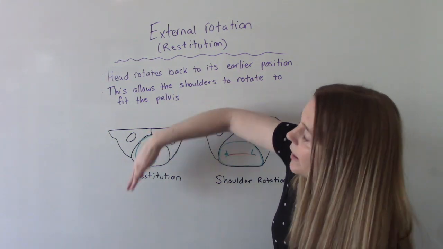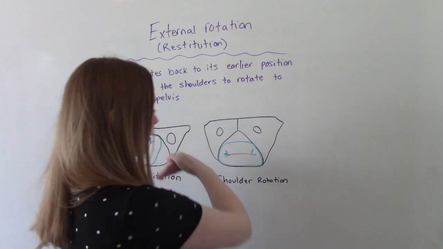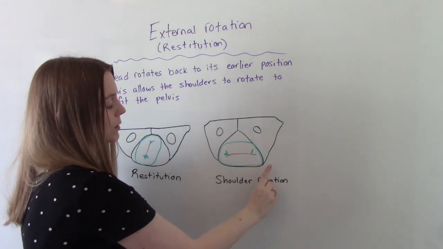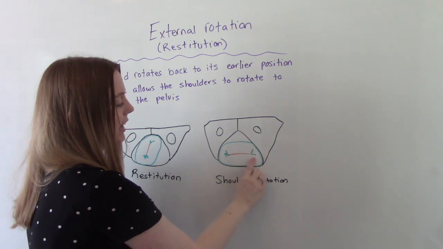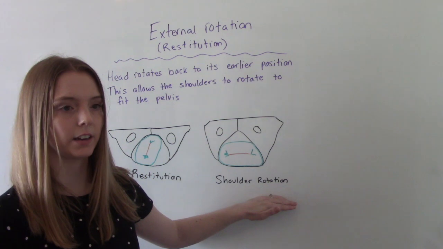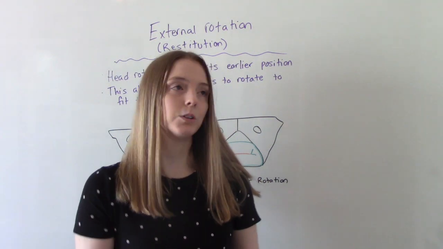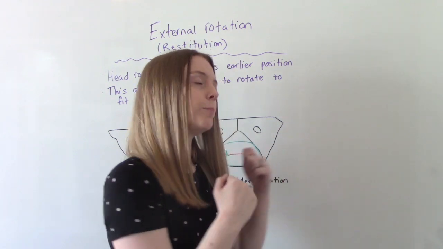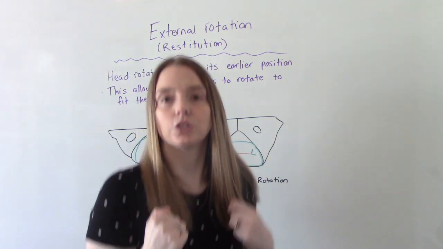Then eventually, after it goes from this position, it needs to turn even further. So it's more like this, so the sagittal suture is lying across this way. This is going to cause the shoulders to rotate. So baby's body, which is still inside mom, is like stuck, okay? So if baby doesn't turn its head, then the shoulders can't get out.